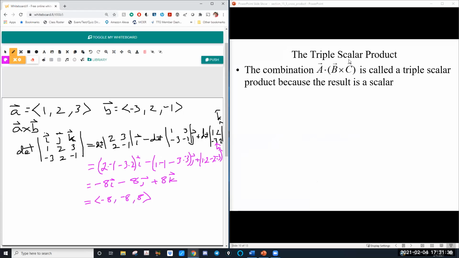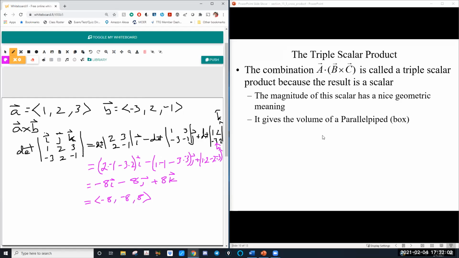All right, the triple scalar product. So the combination A dot, now this is dot product because A is a vector and B cross C is a vector. This is called a triple scalar because the product results in a scalar. Now the magnitude of the scalar has a nice geometric meaning as well.